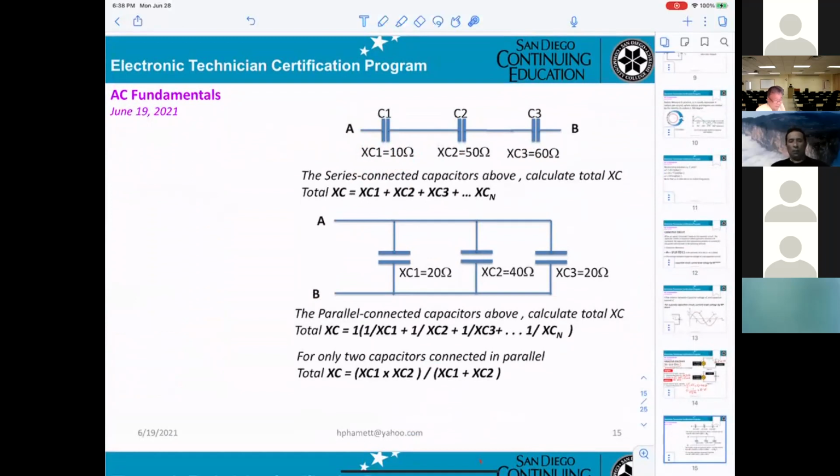Then you calculate the total exactly like the resistor. Series, you add up. Parallel, you have to use the formula, the same as the resistor. Remember, either inductor or capacitor, when you get the ohm, they work exactly like the resistor.